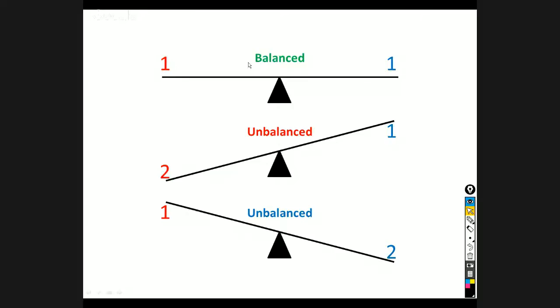We've got equal weights. But in this case, on the left, we've got the number 2, which if it were a weight would be heavier, and so it would unbalance in that direction when we only have 1 on this side. Of course, if we had 2 on this side, then we get the balance again. Or if we did 2 on this side and keep 1 on the other side, we get unbalanced, but in the opposite direction.